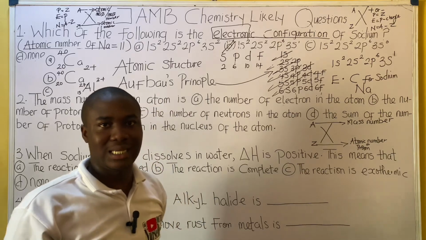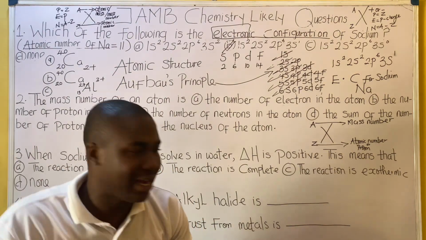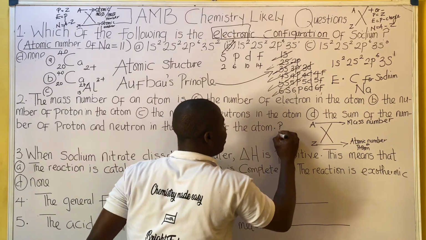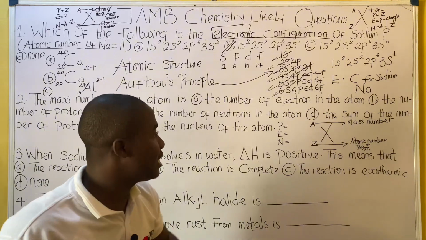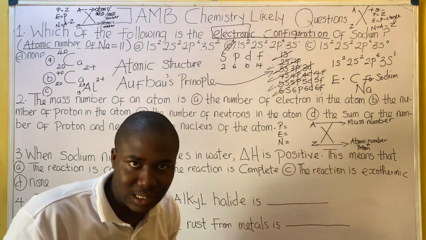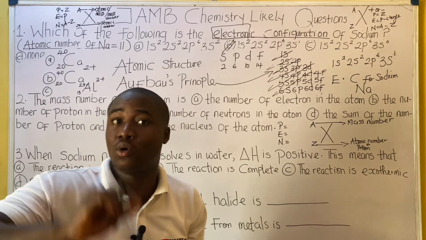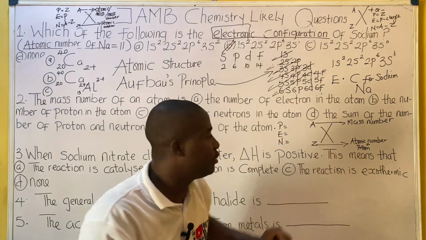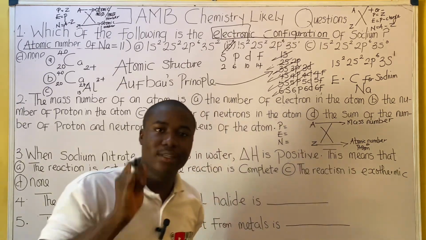Please note that it is very, very important. So let us assume we want to determine the pair of an atom, which is simply proton, electron, and neutrons. How do we do that? Simple. We already said that for a neutral atom like this, I'm emphasizing neutral and also charge. This is neutral. There is no plus or minus. If there were a plus or minus up here, it would be charged.